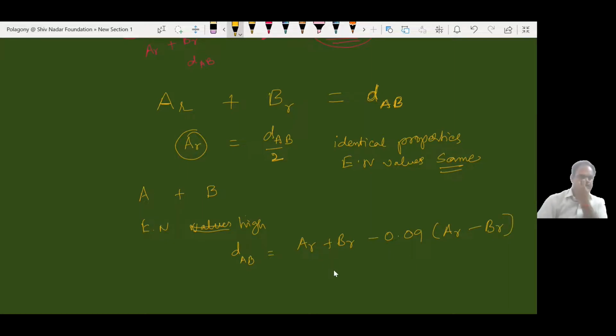This is the formula we use to find the bond length of AB atoms whose electronegativity difference is high. By using this formula, we can measure it.